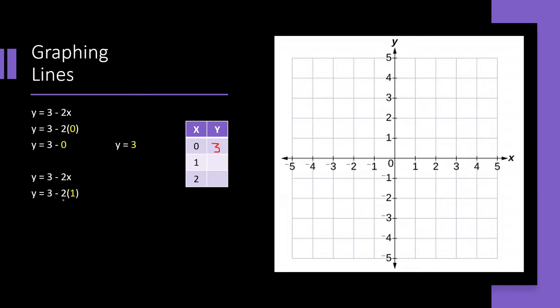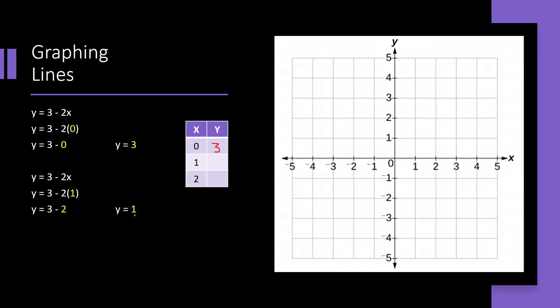So in this case, I'm going to multiply the 2 times 1. 2 times 1 is equal to 2. And a positive times a negative, because this negative makes this 2 negative, is going to be a negative. So I have now that y is equal to 3 minus 2. And 3 minus 2 is equal to 1.